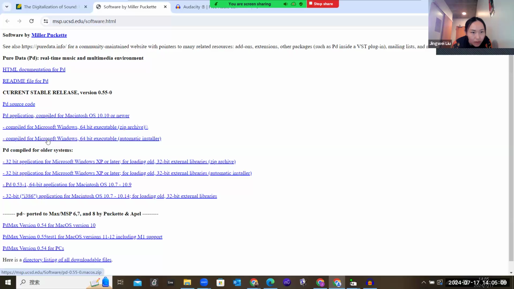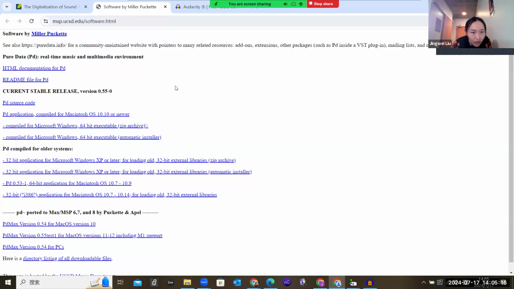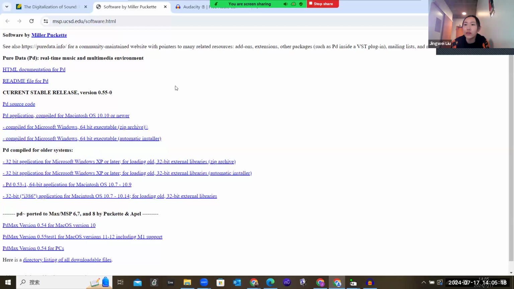This should be the stable release. This is for Mac. This is for Microsoft Windows. This is open source, and if you take courses like Music 171, 172, you will use this software extensively.